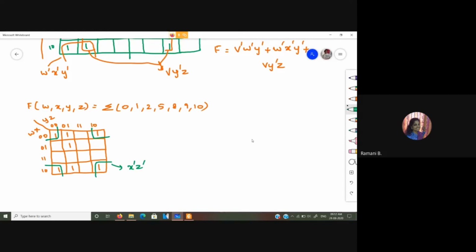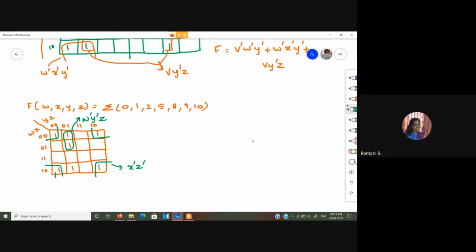Then for this particular one, this is the only combination, so this gives me w bar y bar z. And for this one, you may be thinking of going for a pair.